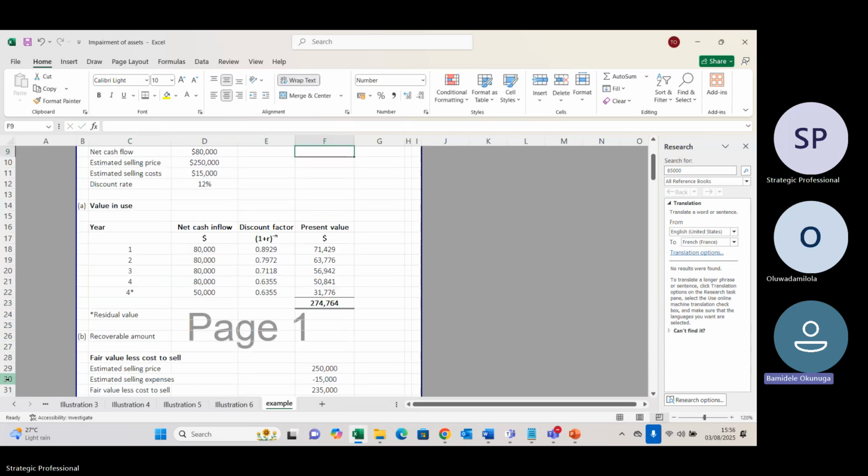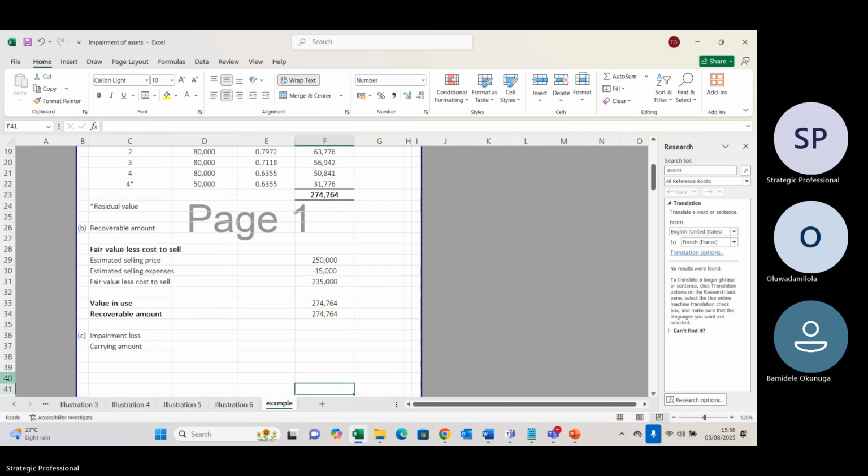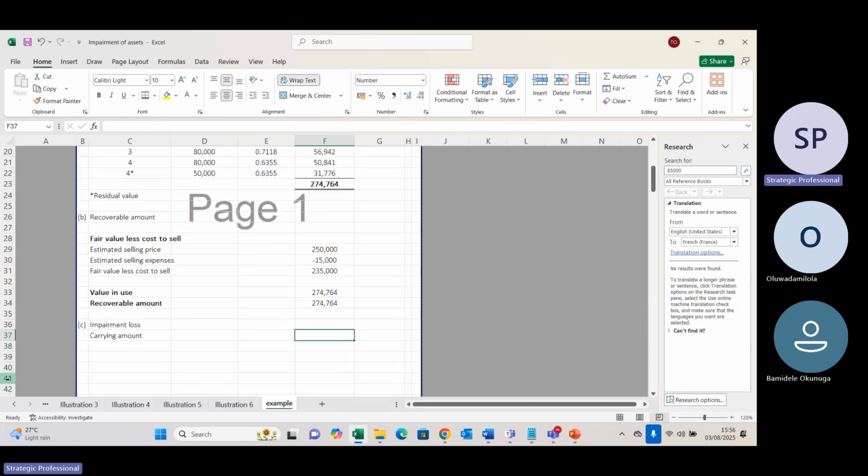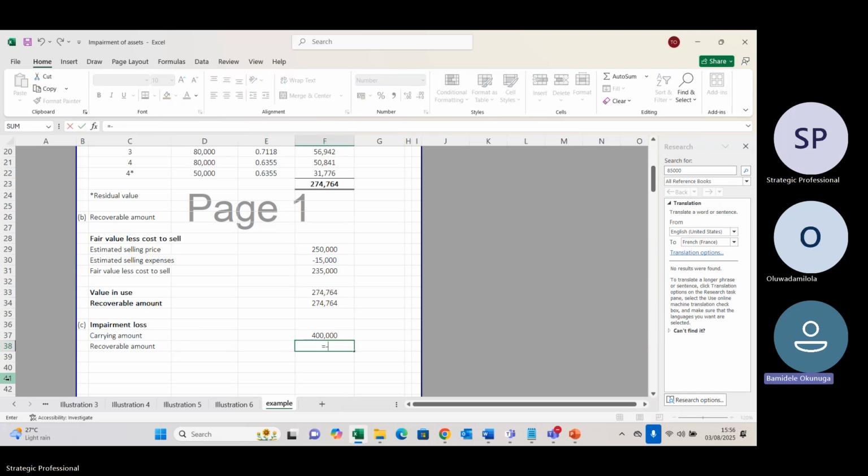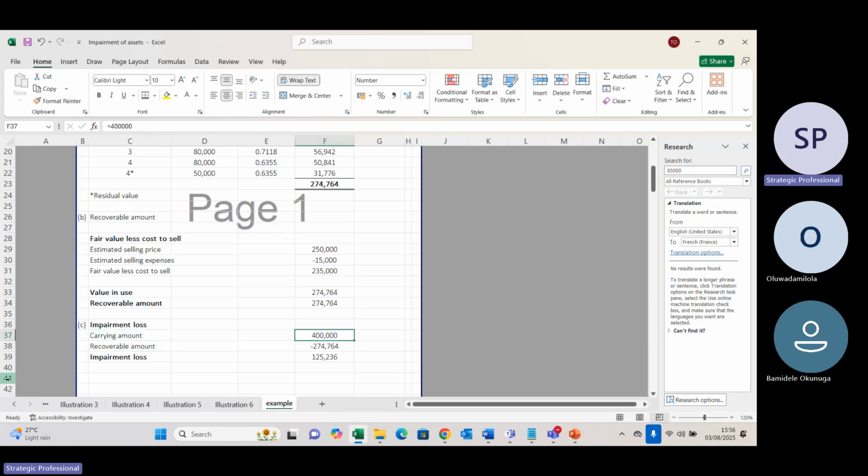It is 400. So is there impairment? No. Okay, impairment there is. Recoverable amount. So we know there's impairment because the carrying amount is more than the recoverable amount.